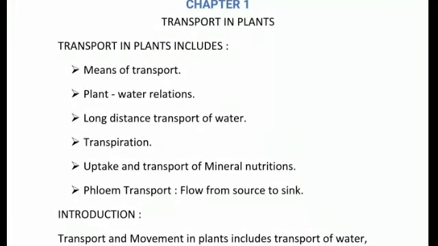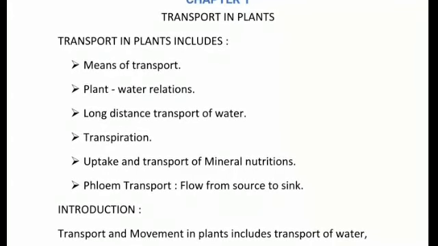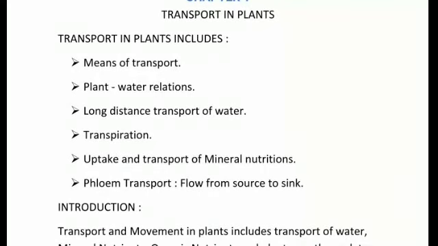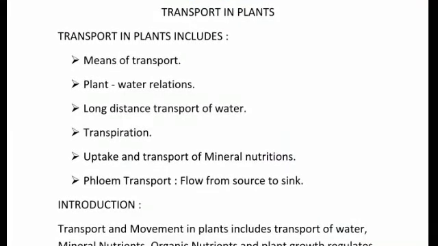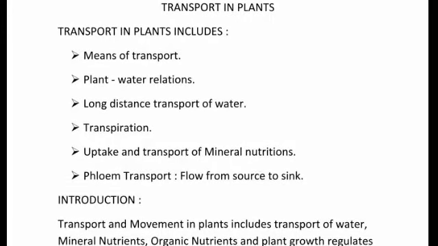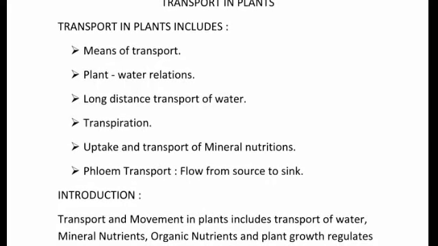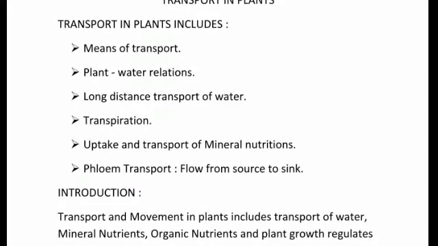Here, means of transport means what are the different types of transportation that take place in plants, and what is the relationship between water and plant, and also we have to know how water transportation takes place within the plant, and the transpiration.